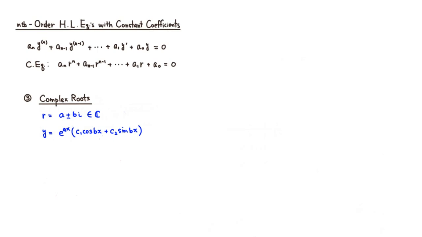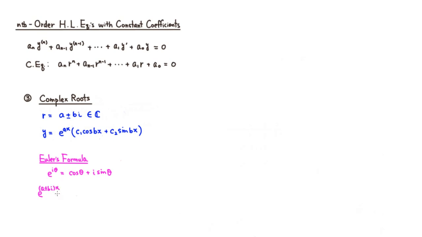Where did that come from? To explain that, we need to look at Euler's formula, which says that e to the i theta is equal to cosine of theta plus i sine of theta. So if you have a root which is a plus or minus bi, we would expect the solution to look like e to the (a plus or minus bi)x.